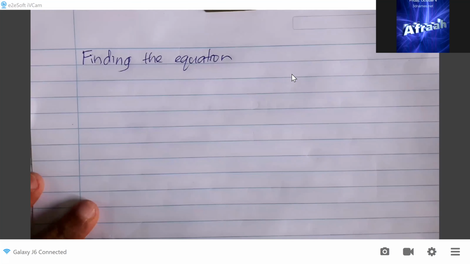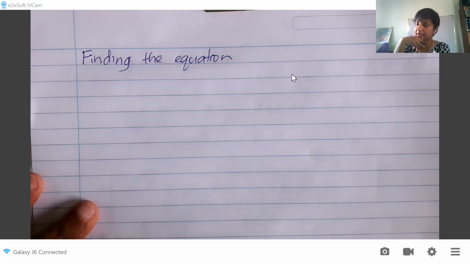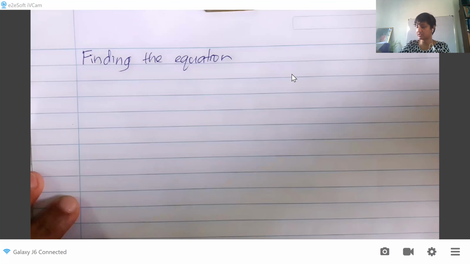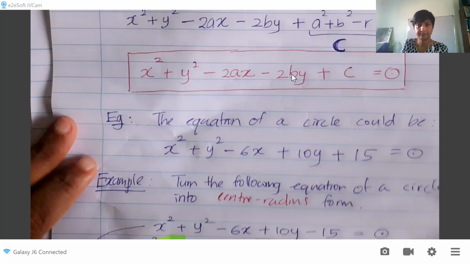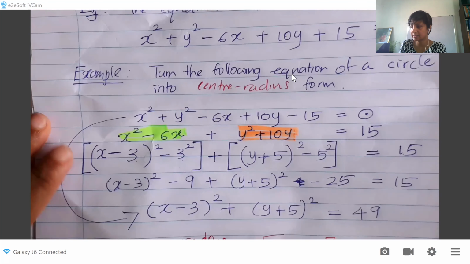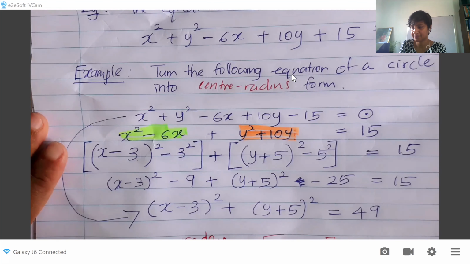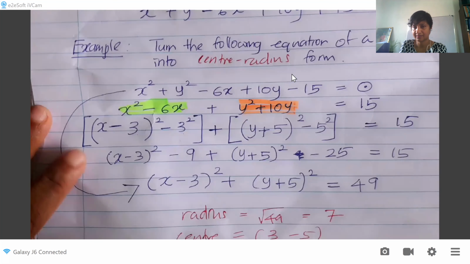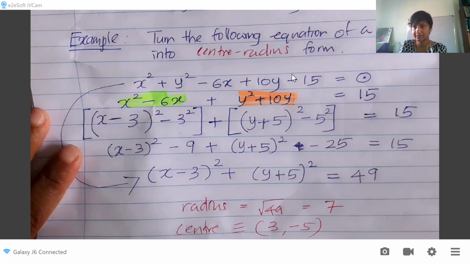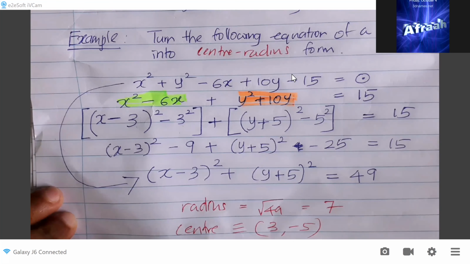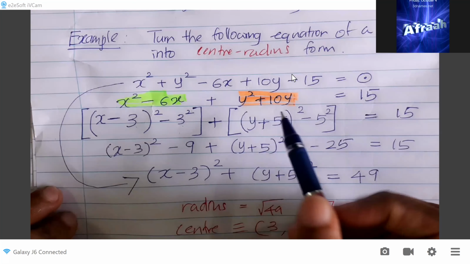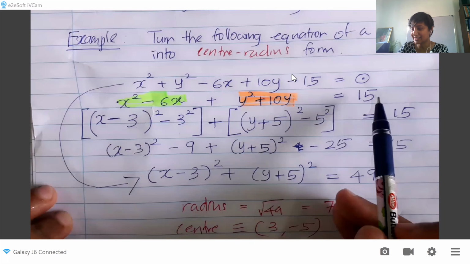Miss, for the previous question, I first found the center and radius, not using the method, and after that wrote it in the center radius form. Say that again, I didn't understand. In the last example, I first found the center and radius by looking at these two terms.